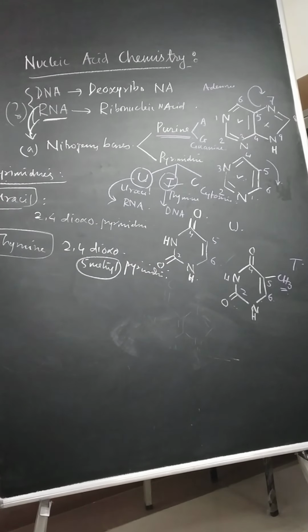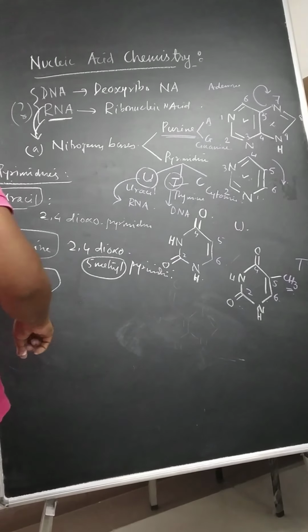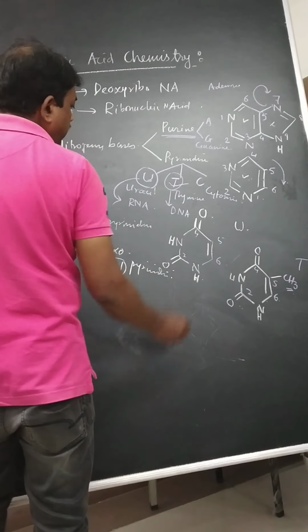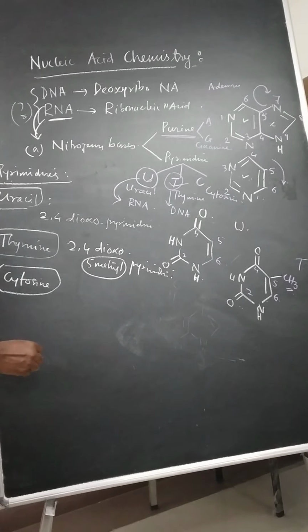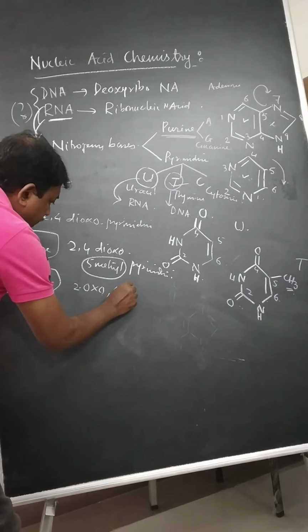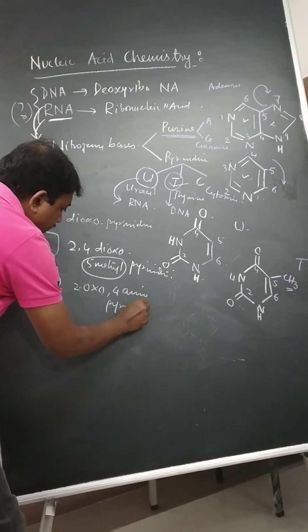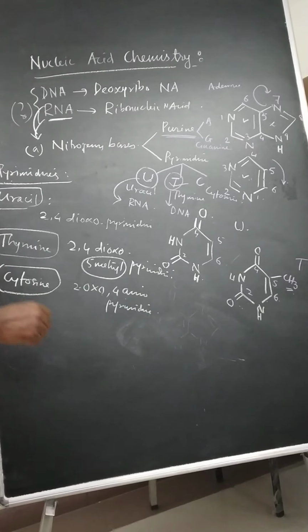Third is the cytosine. Cytosine is 2-oxo-4-amino pyrimidine. What is that?